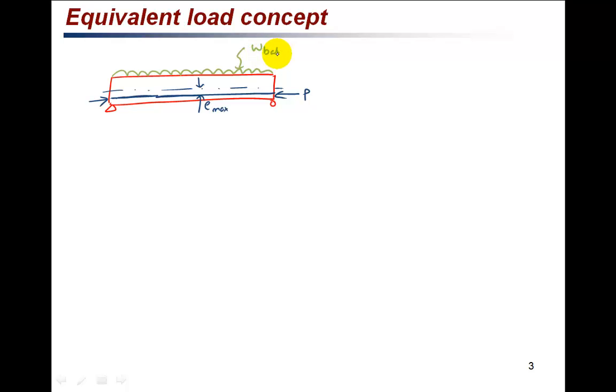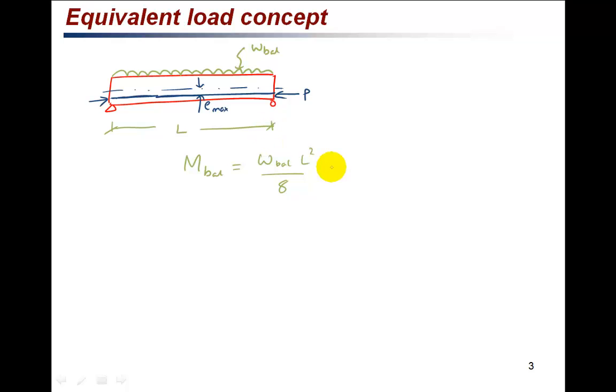Say at this point we are aiming to find the load that will give the uniform compression stress in the beam. So the moment M balance due to this uniformly distributed load of W balance is W balance L square by 8, where L is the span length of the beam.